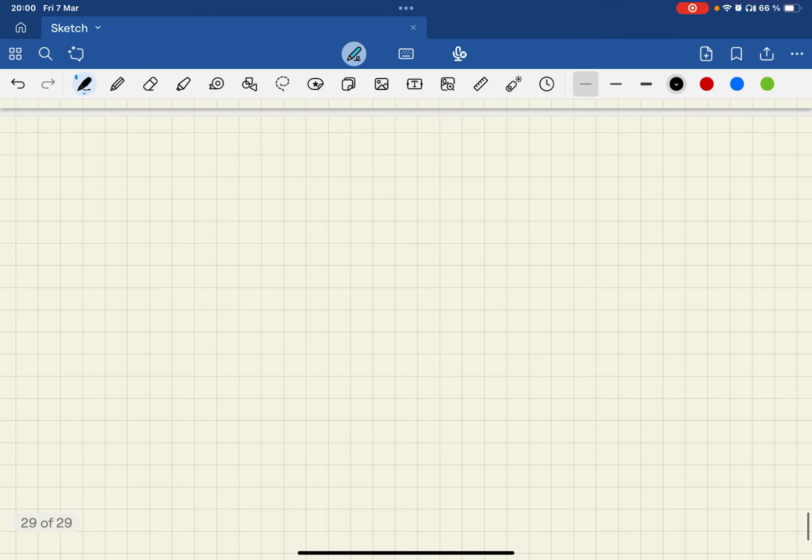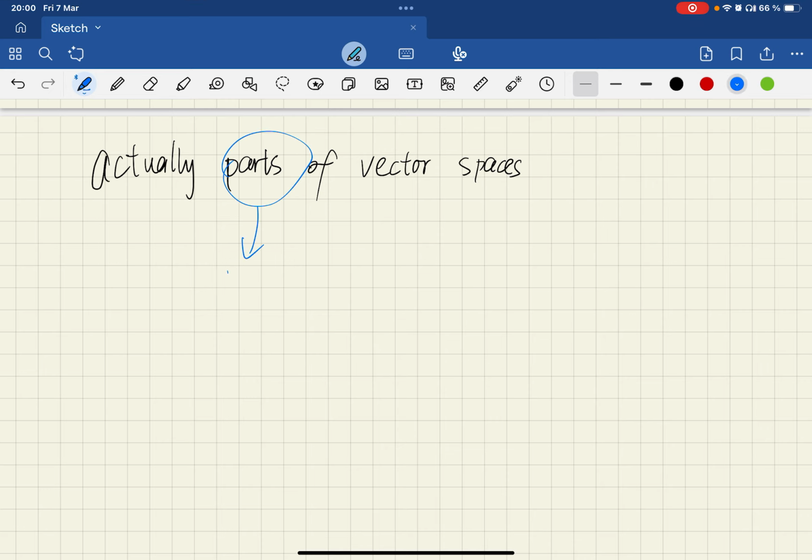So why does a vector space or its subspace have so many forms? We are so confused about this because they're actually parts of vector spaces. The parts means less than or equal.